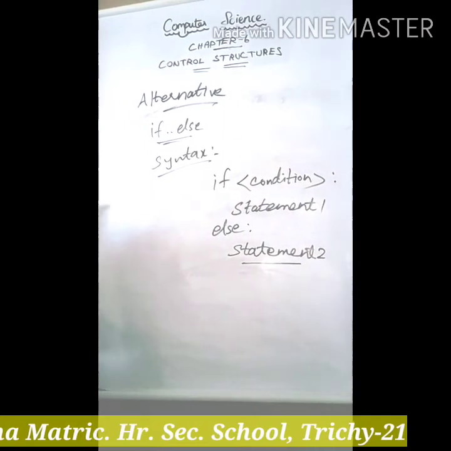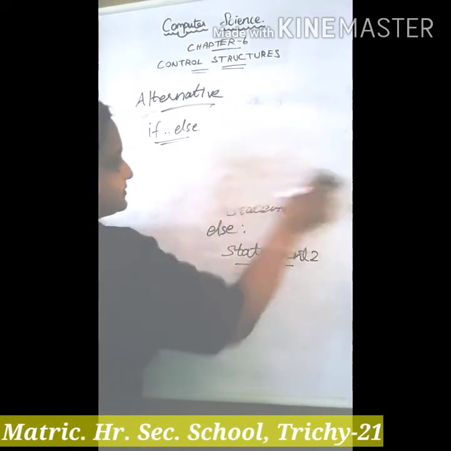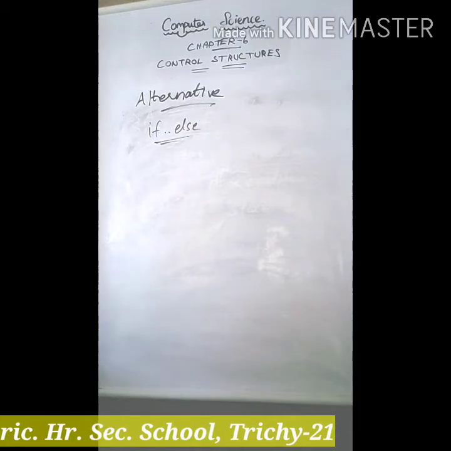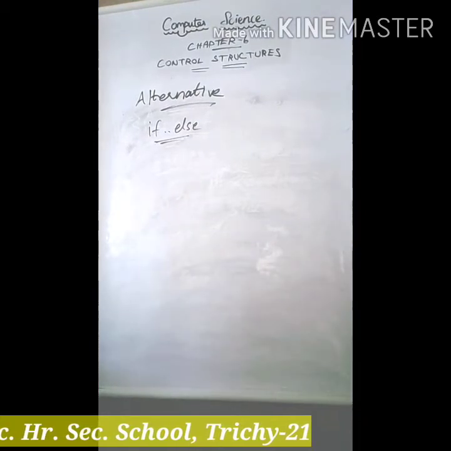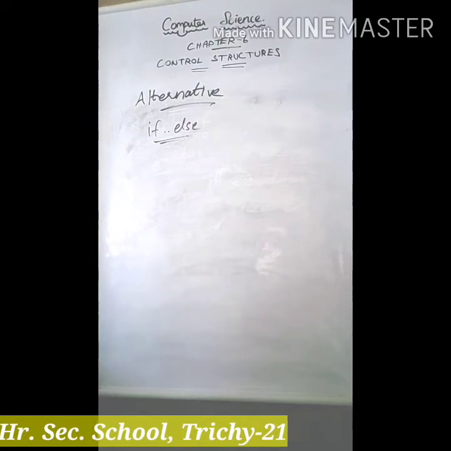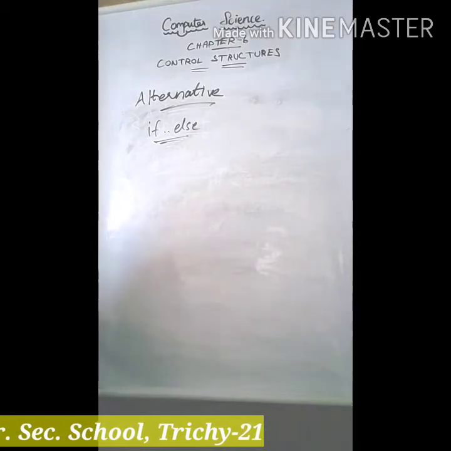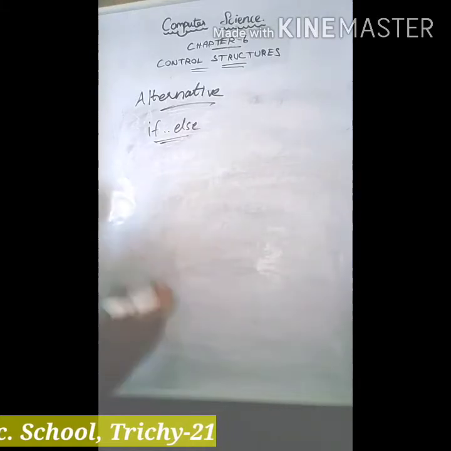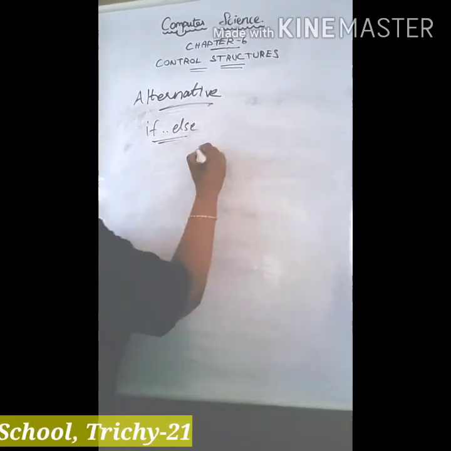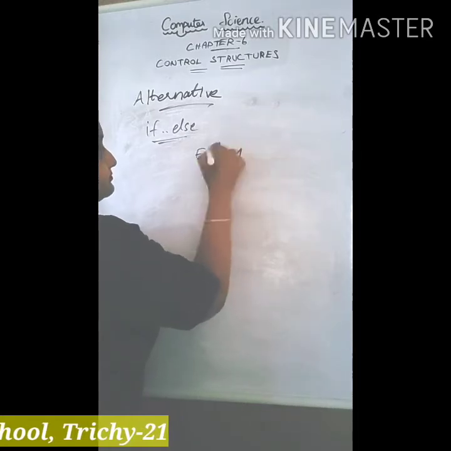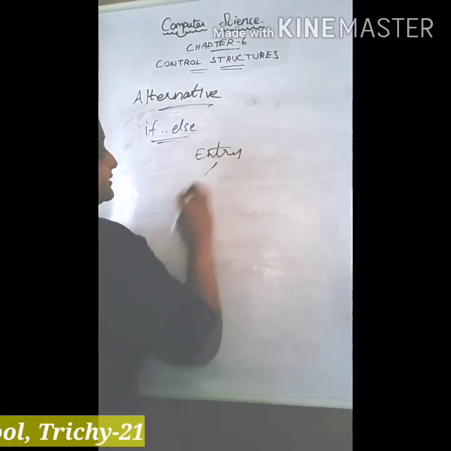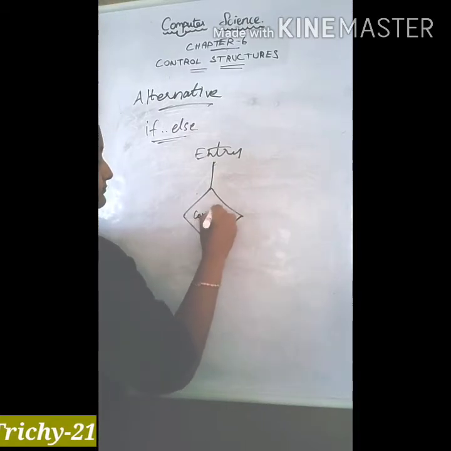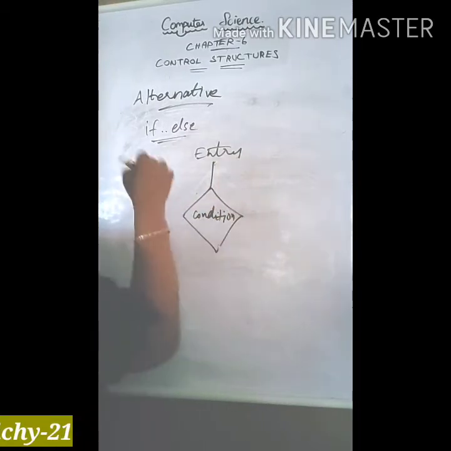Now, let us see an example for the if-else statement. We are going to use it to find an odd or even number. Before we start, we should know the statement execution, that is, how it executes the statements. This is the entry part. Then it checks the condition.